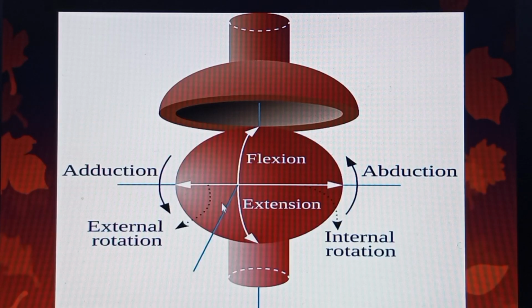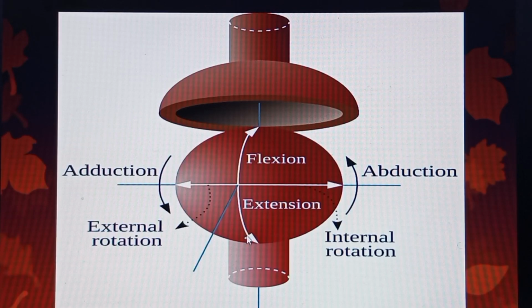My friends, the opposite, taking it further away from the midline of the body, is what we call external rotation, something we can also call lateral rotation. So generally speaking, this is the biomechanics, the general picture of the ball and socket joint.